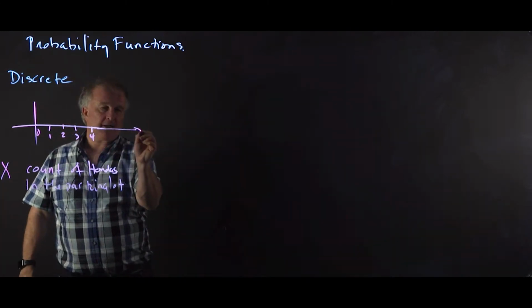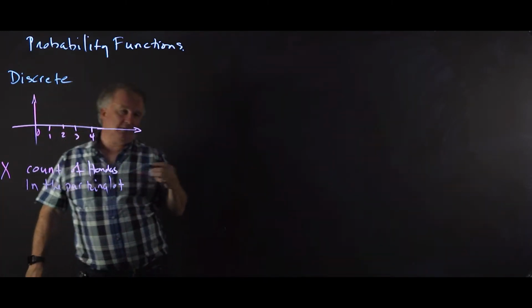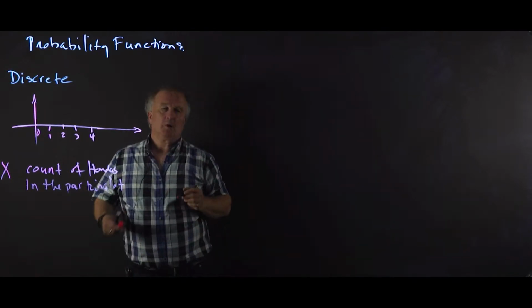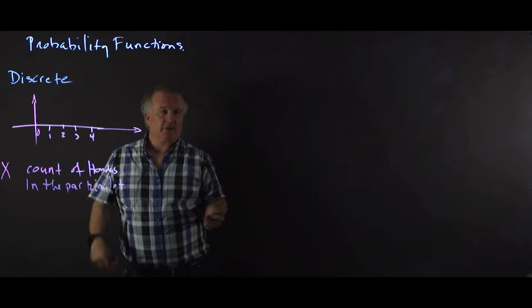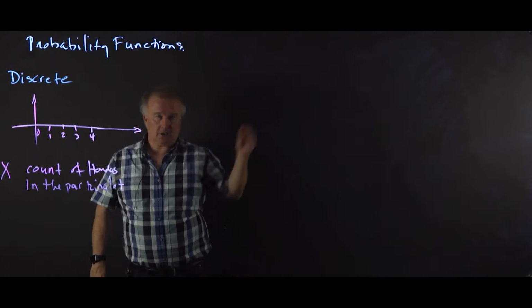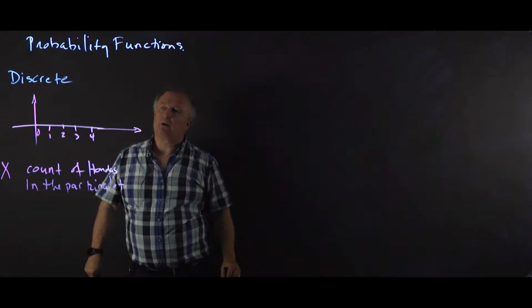And I might have come up with an idea of the relative frequency of occurrence by maybe taking a lot of observations over time of the cars in the parking lot beside Mitchell Hall.